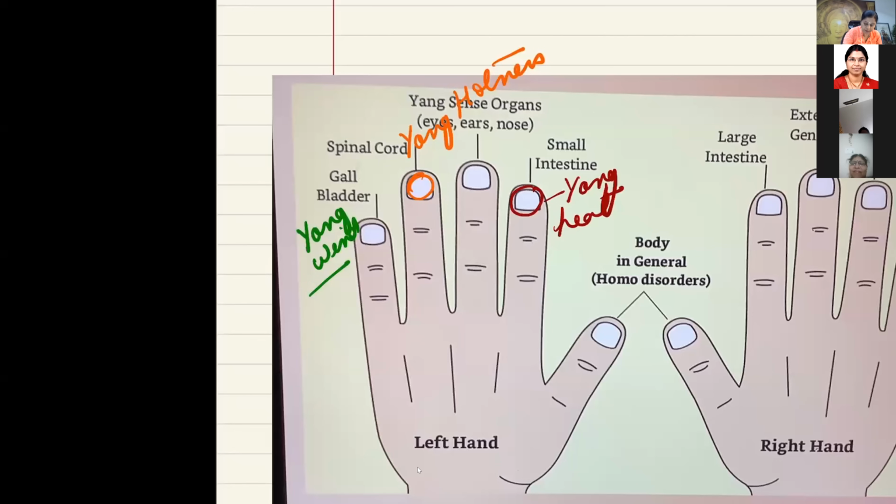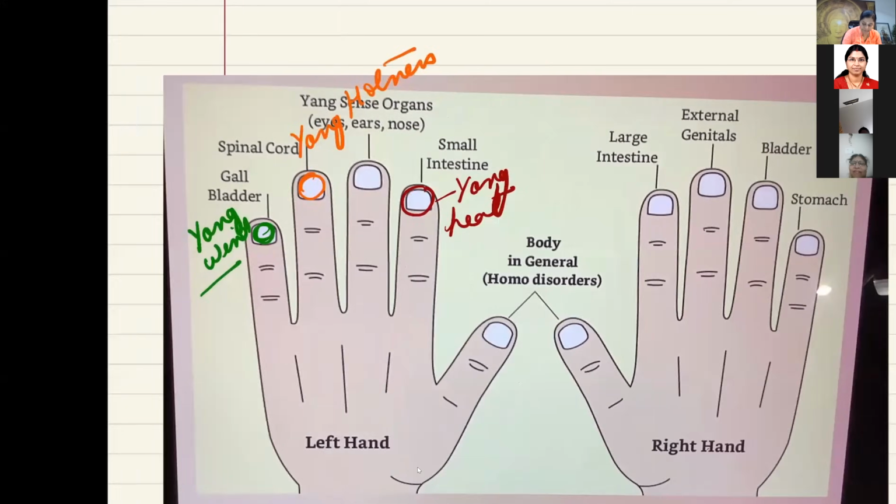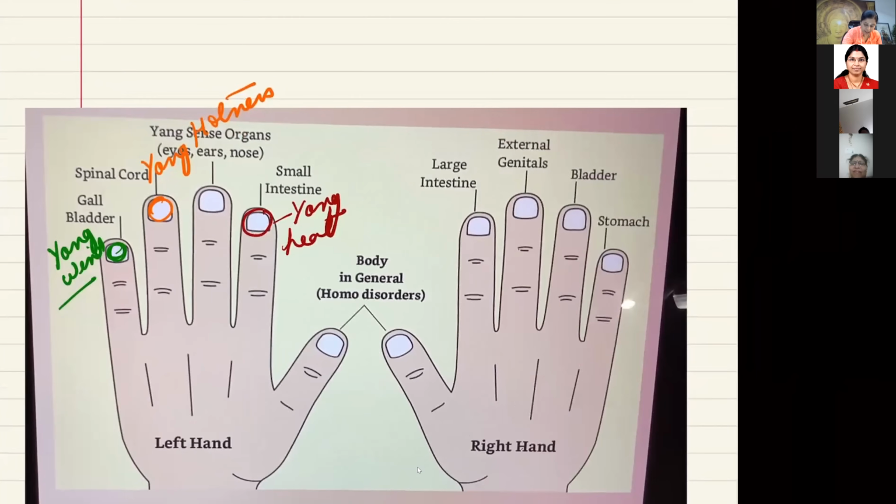So I'm using specific colors so that you can focus your color consciousness. Green color for yang wind. And right hand, large intestine. And this color therapy is so good for treating these organs which you see on the nail.